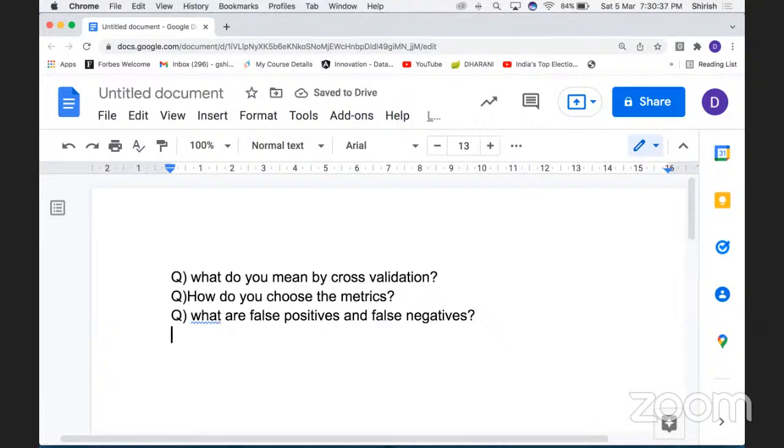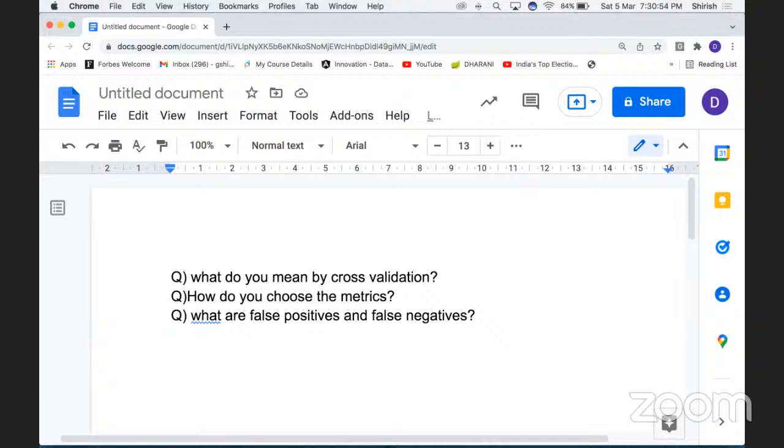A false positive is like a false alarm, where the model suggests the presence of a condition even when it does not exist. A false negative is the exact opposite, where the model suggests the absence of a condition when it is actually present.